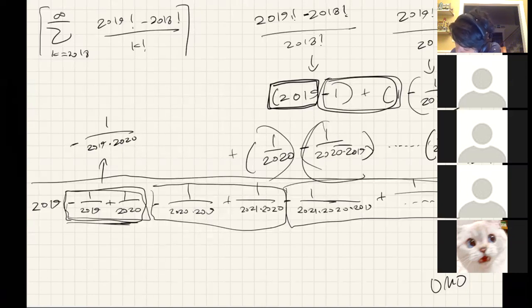Each of these pairs sums to a negative value because one of the denominators is greater than the other. I'm saying a lot of arithmetic, and you can probably verify that on your own time; I'm just speeding through it.